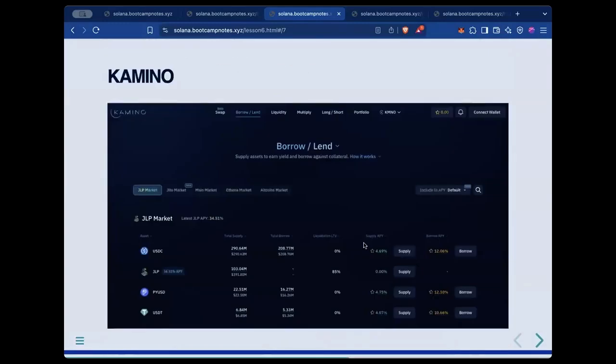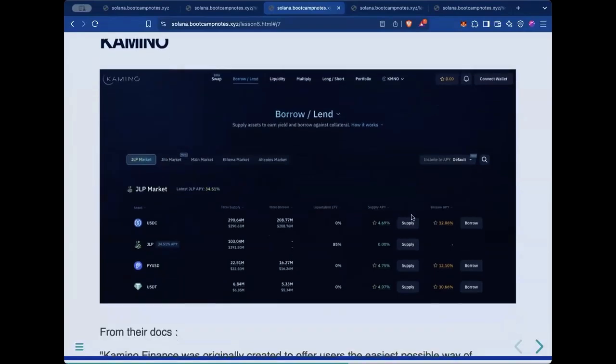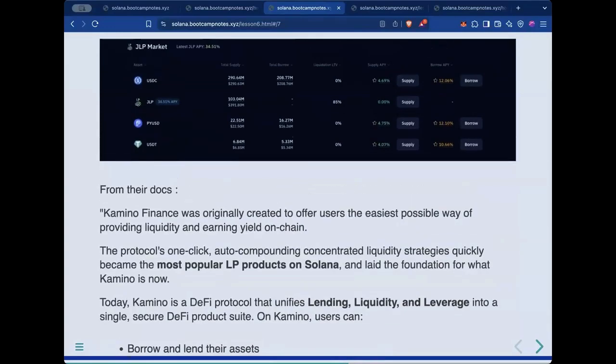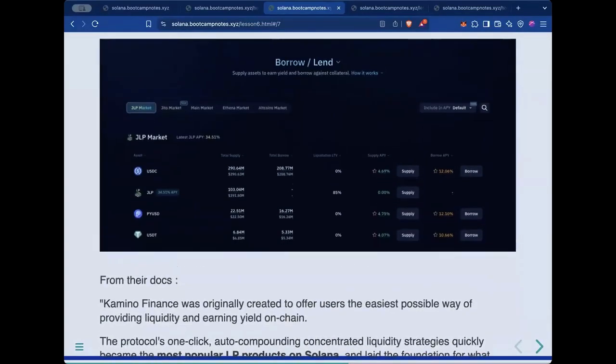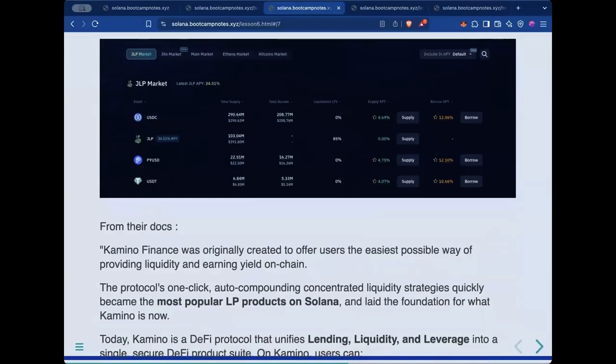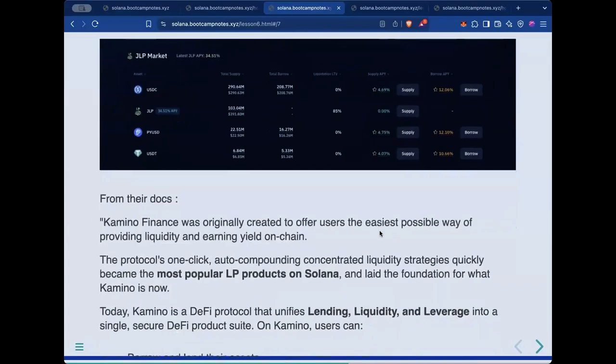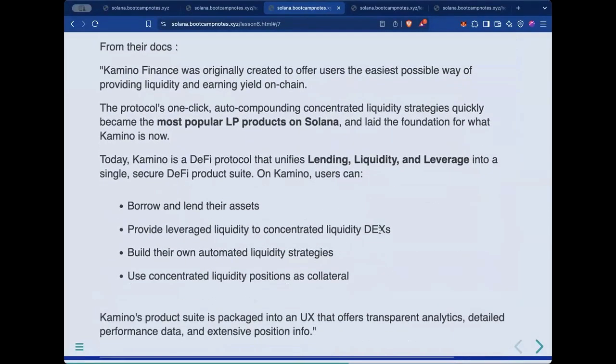So other projects, I've just got some listed out in various screenshots. You've got an example here around lending and yield farming, etc. So you've got examples here of four different tokens, and the interest rates that you can get for those if you're going to borrow them or lend them.